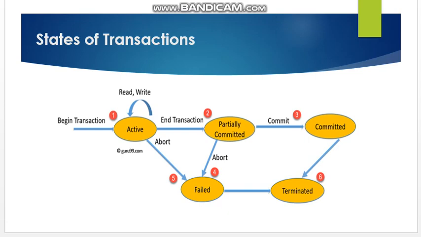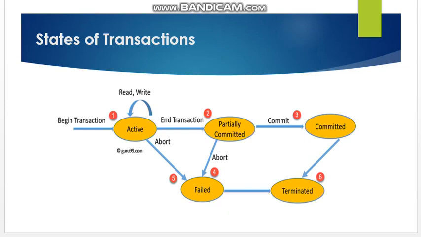For example, if the transaction contains 50 instructions and it executed 25, and the 26th instruction requires some more resources, some more data items, but those data items are not present, or if there is some logical error, at that time also the transaction gets aborted because of these reasons.